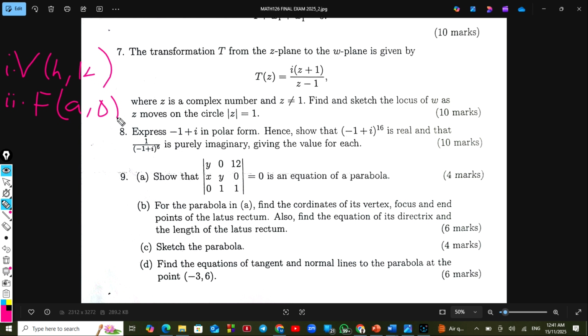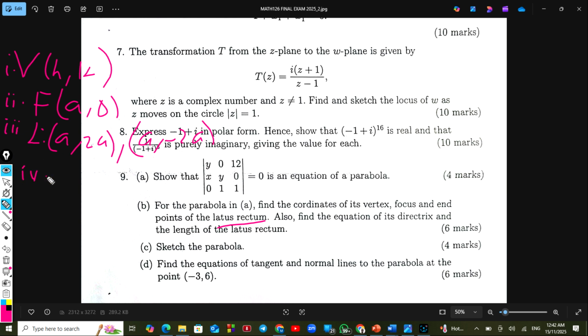The endpoints of the latus rectum, let's say L, which are (a, 2a) and (a, -2a).